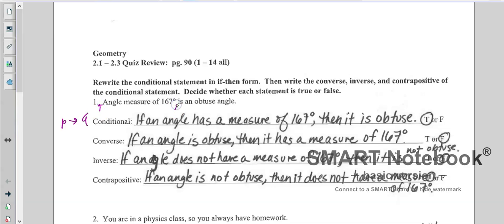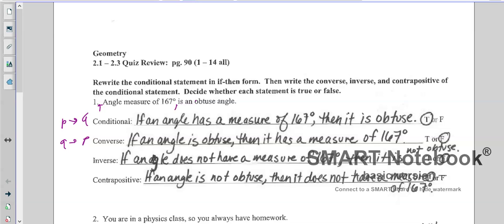Then the converse is you just switch them: Q, then P. So you take this and move it to the front. If an angle is obtuse, then it has a measure of 167. You're pretty much using the same words, just moving them around.